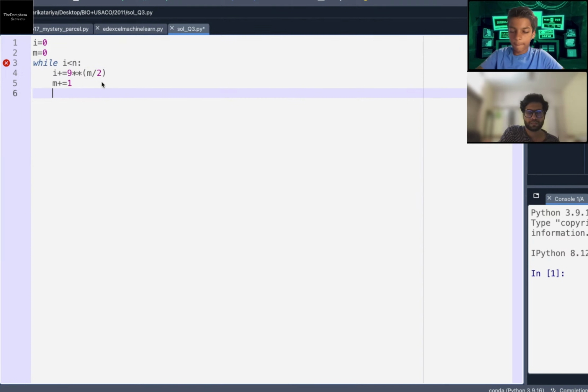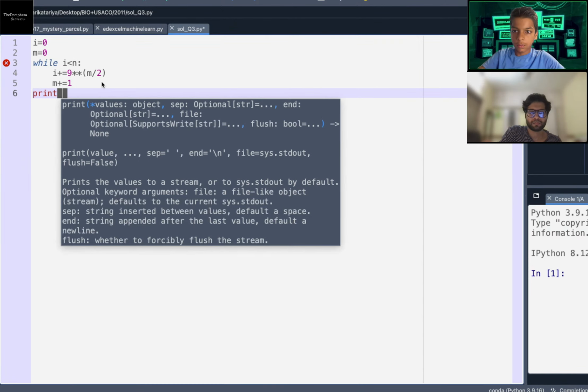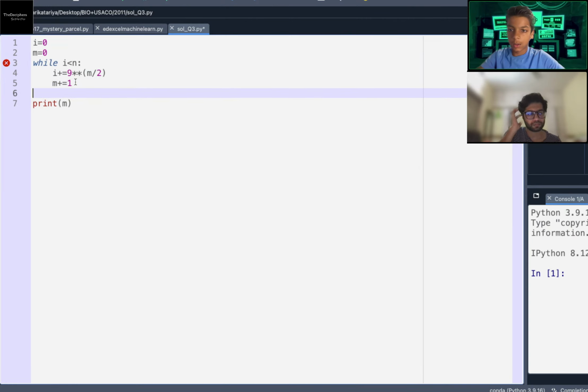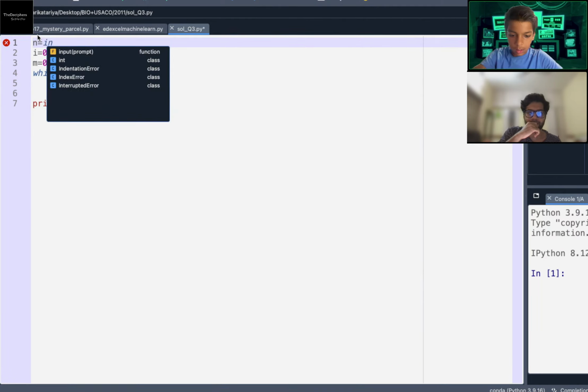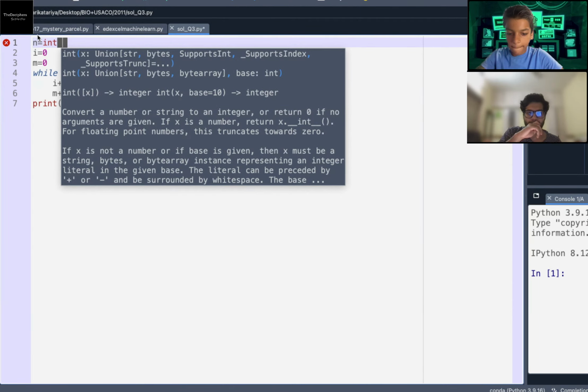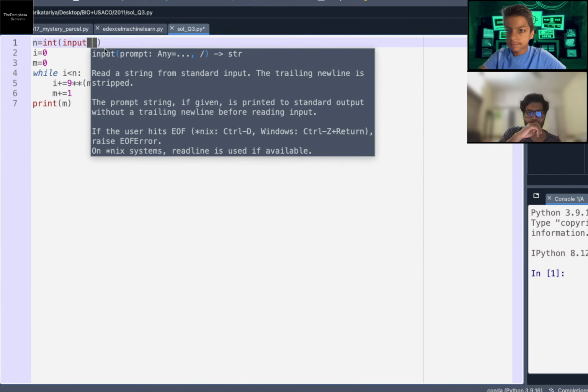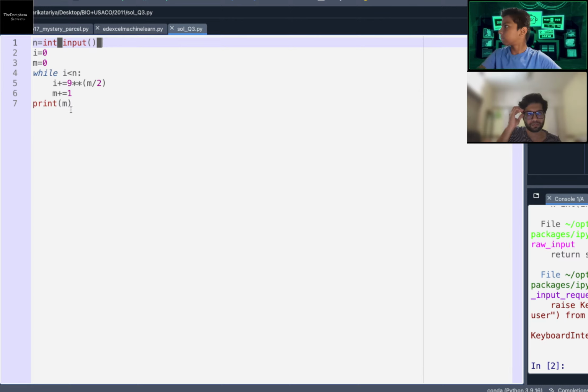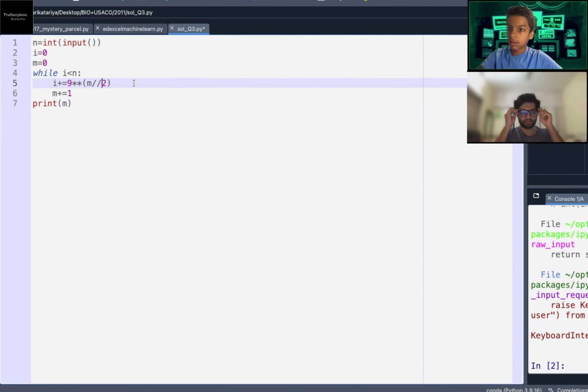Then just print out m. N is the input. Wait, it's not to the power of m over 2.